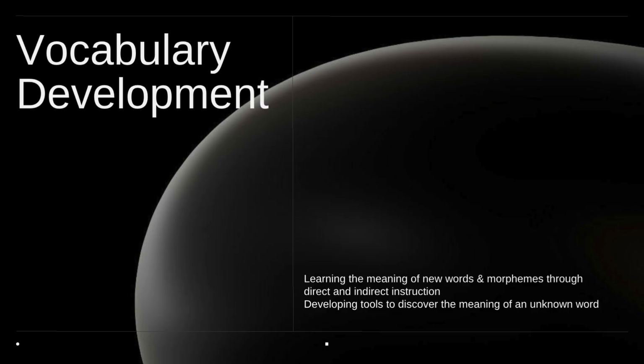The next area of reading is vocabulary development, which is the learning of new words and their meaning and morphemes through direct and indirect instruction. It also deals with developing tools to discover the meaning of an unknown word.